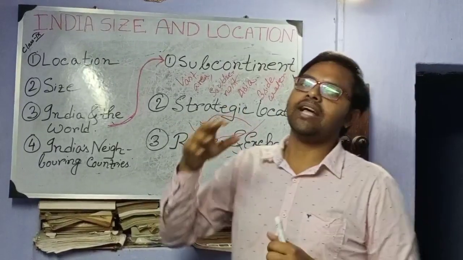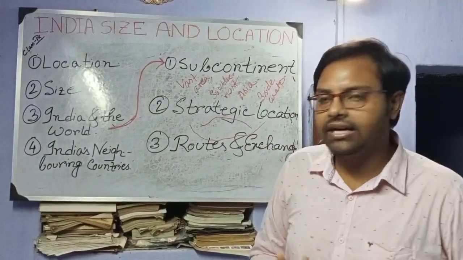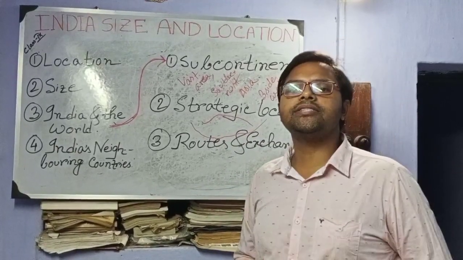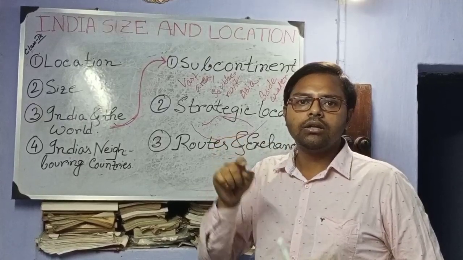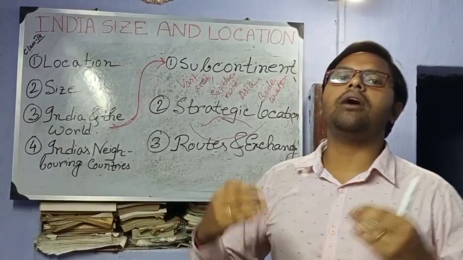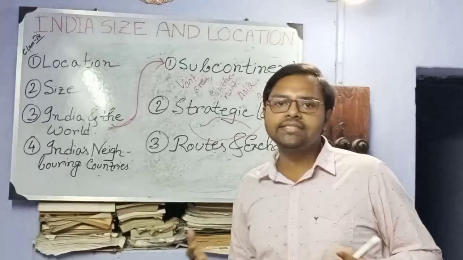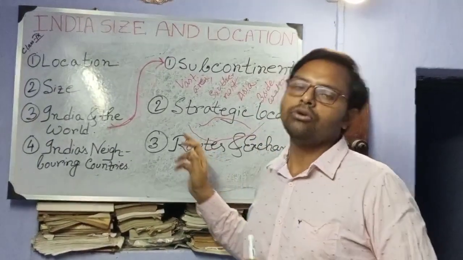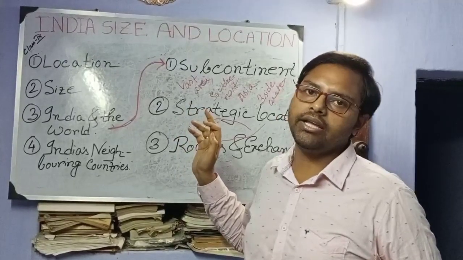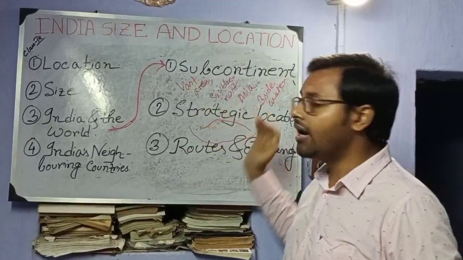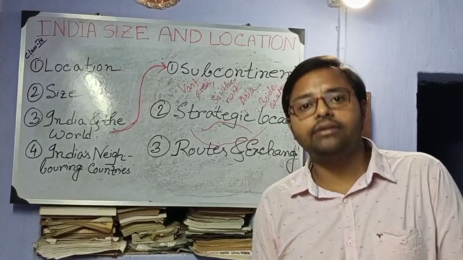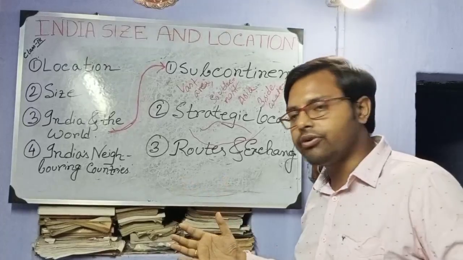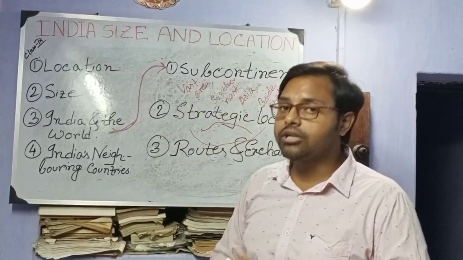So the ocean has great importance for India and its strategic location. Why does India have a strategic location? Because of the three sides of water, enemy outer countries cannot attack India easily, and the northern side is also covered by the Himalayan mountains. No one can attack India easily. And also India has its relationship with other countries easily through marine ways. That's why India has a strategic location.